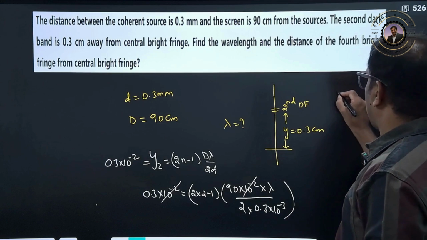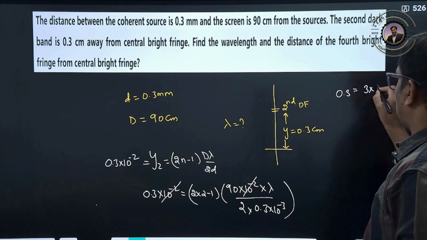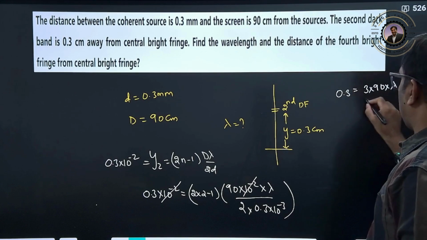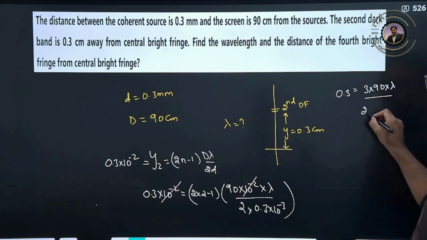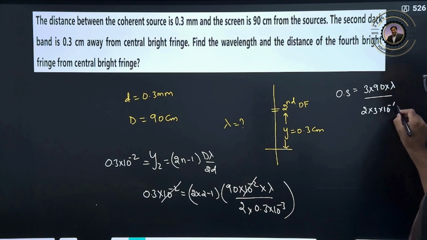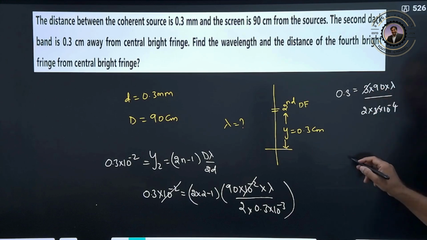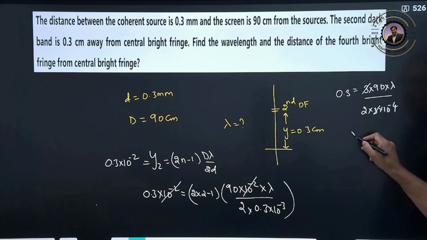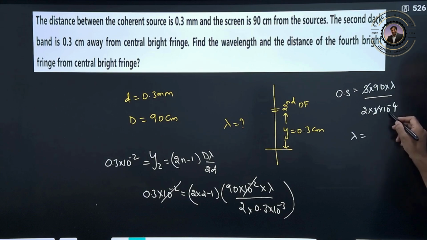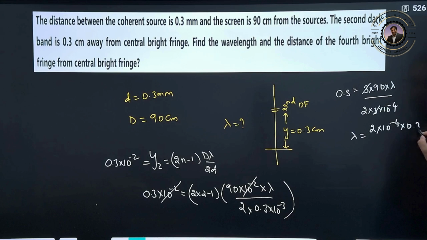Therefore 0.3 is equal to 3 into 90 into lambda divided by 2 into 3 into 10 to the power of minus 4. So this 3 cancels here. Therefore wavelength lambda can be written as 2 into 10 to the power of minus 4 into 0.3 divided by 90.